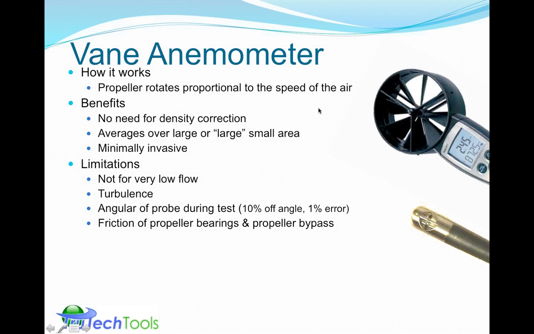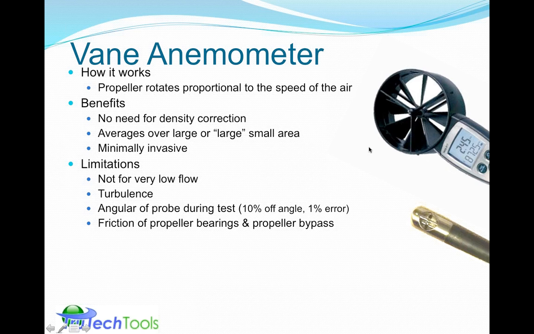If you have air that's swirling coming off of a fan, it will induce the propeller on the vane anemometer to swirl, and that swirl is not representative of the velocity measurement. It's representative of the swirl, so that can cause a problem too. So you have to look for fairly stable and uniform air velocity flows away from the fans.